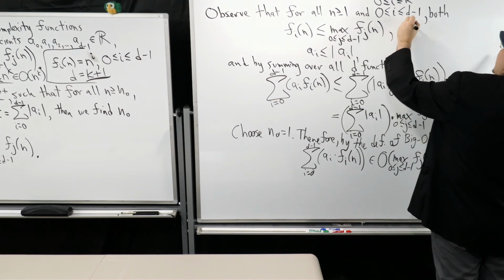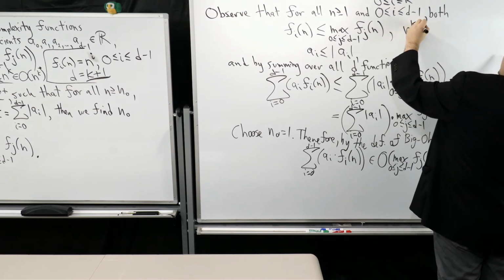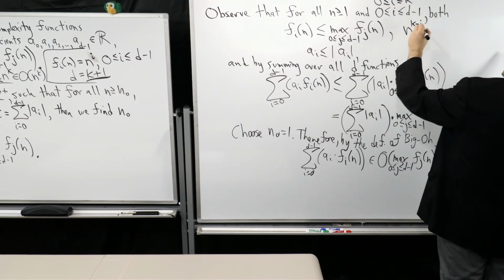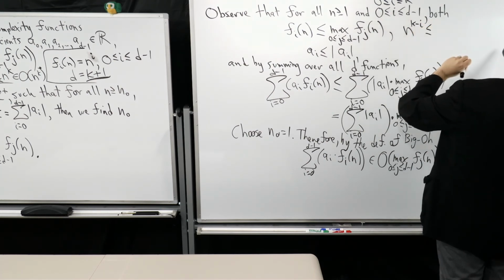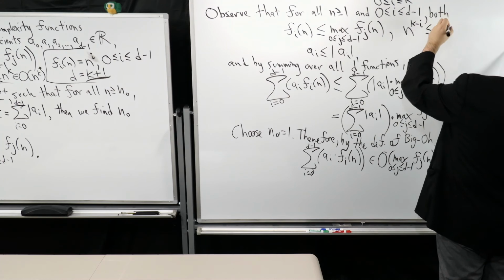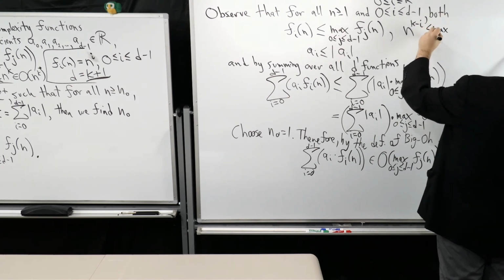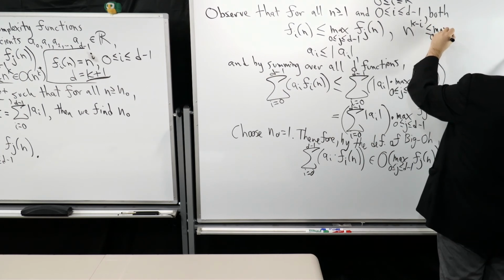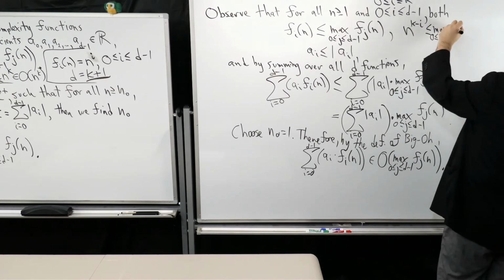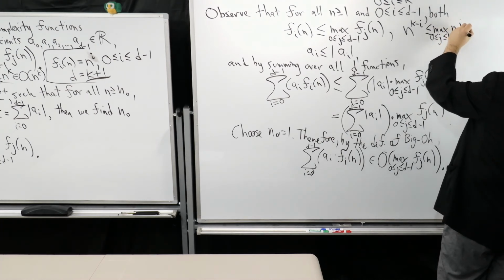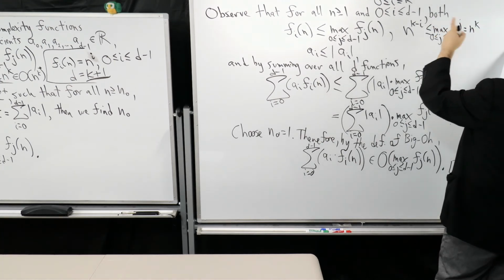In my proof, it ends up being something along the lines of n to the k minus i is less than or equal to the max across all of n to the j, which is in fact equal to n to the k. So we end up with this.